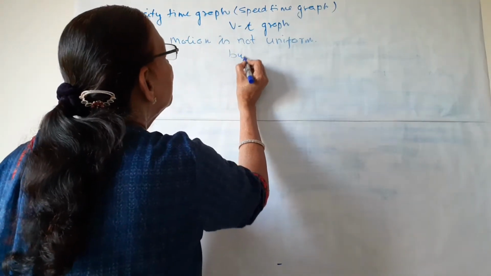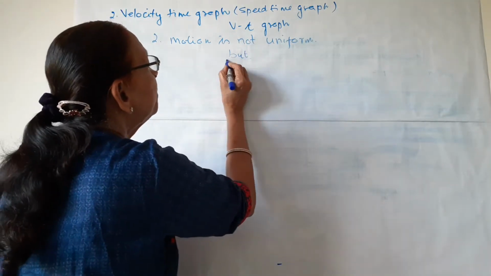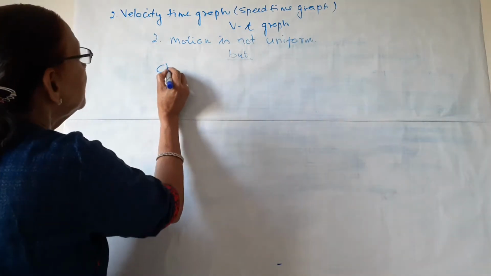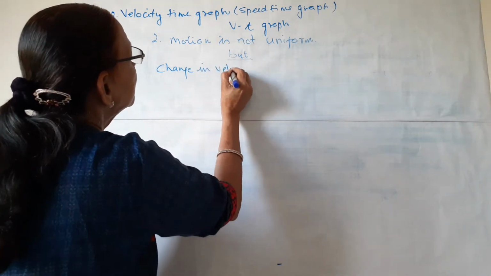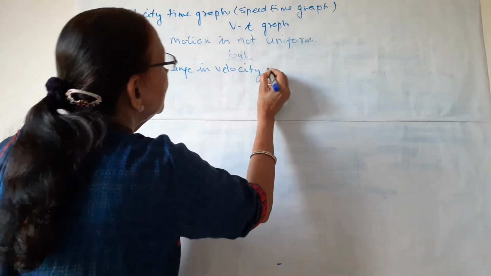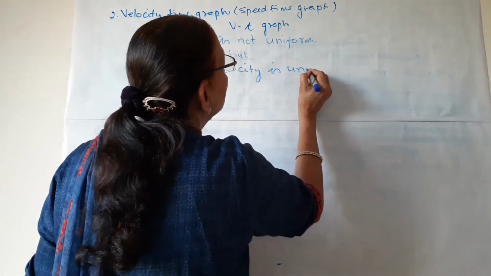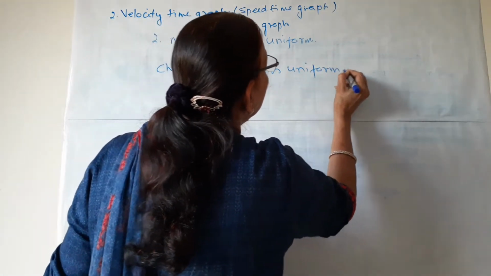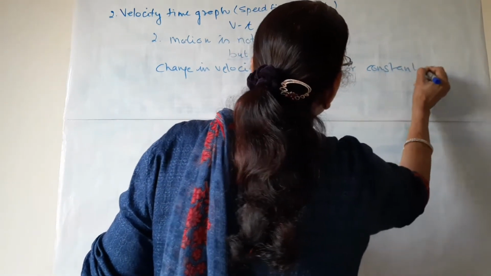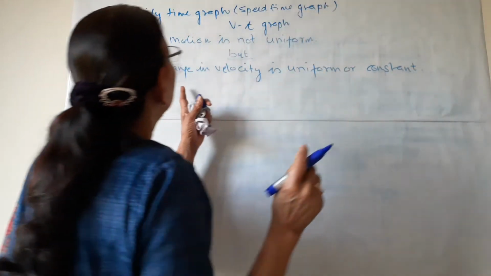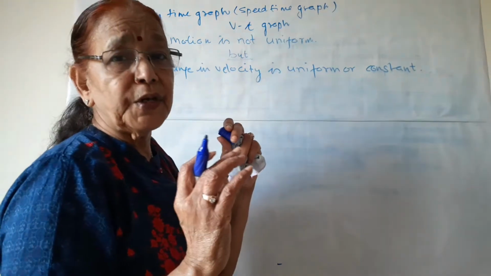But the important thing, what is this but? The change in velocity is uniform or constant. What does it mean? We see that velocity is changing.